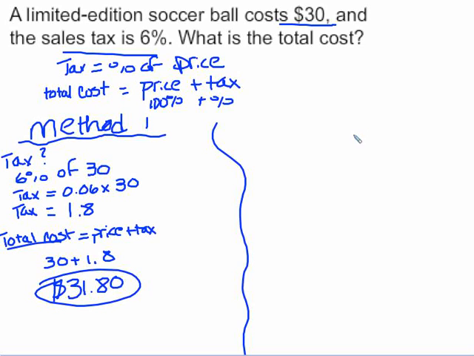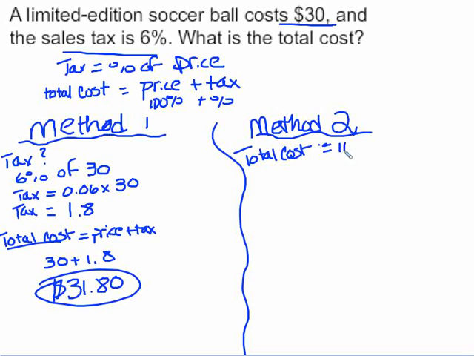The second method, method two. In method two, we look at our percents as being 1% total. So in method two, I think about this as my total cost is going to be equal to 100% of the price plus whatever my tax amount is.